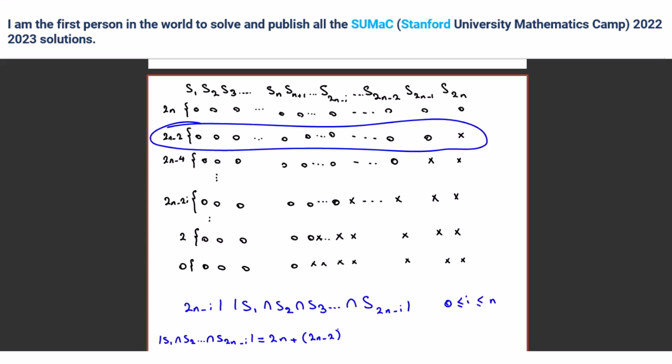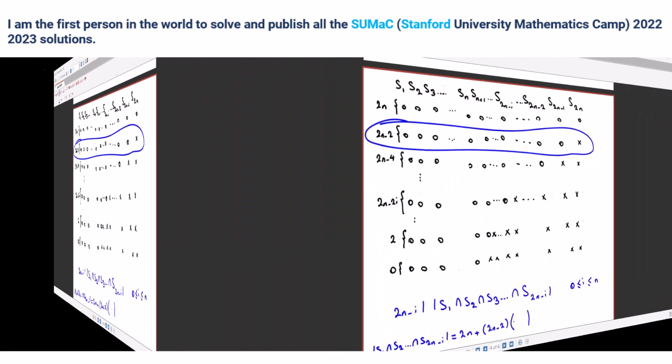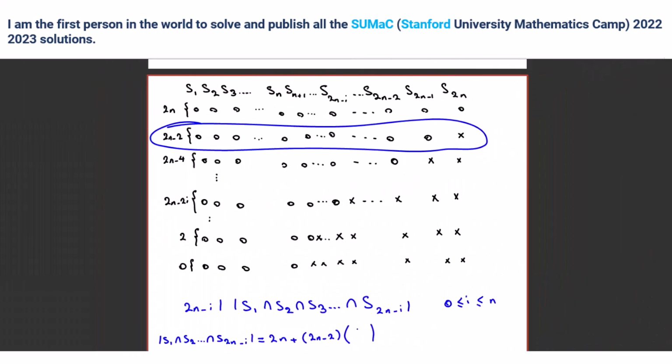2n choose i? No. Do you need a hint for this part, times what choose what, or want to find it on your own? Yeah, I don't know. I can't find it. Okay, so let me tell you. For all these elements, we have one cross here, right?